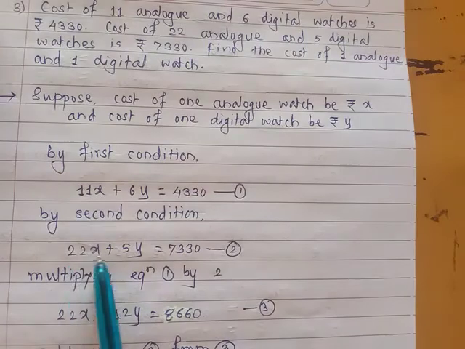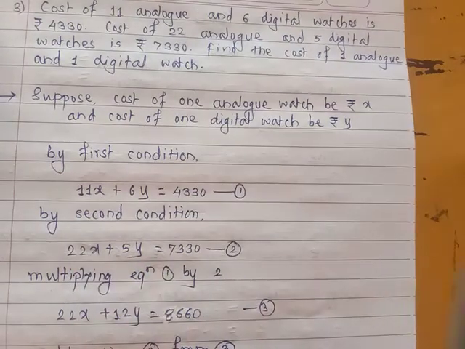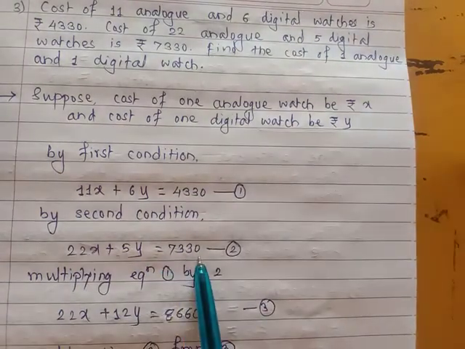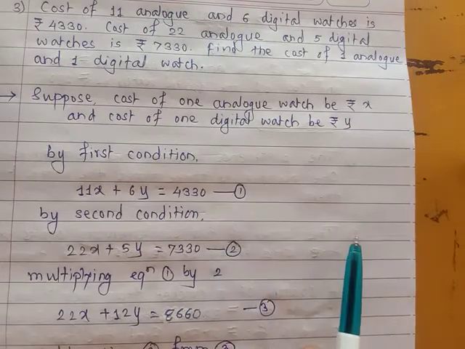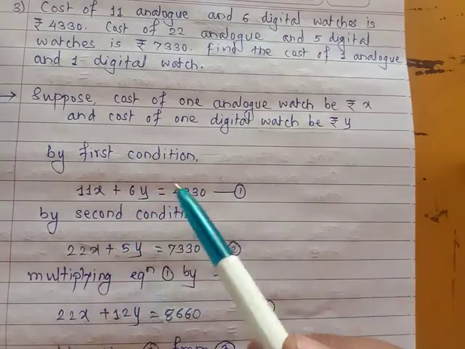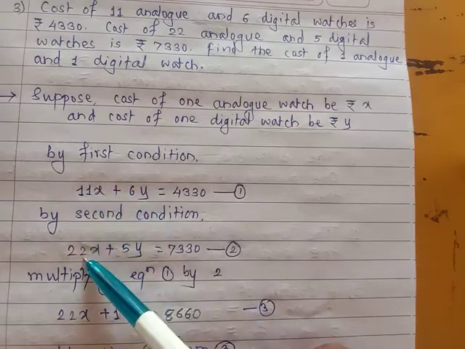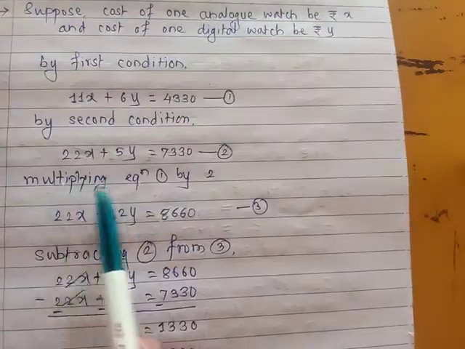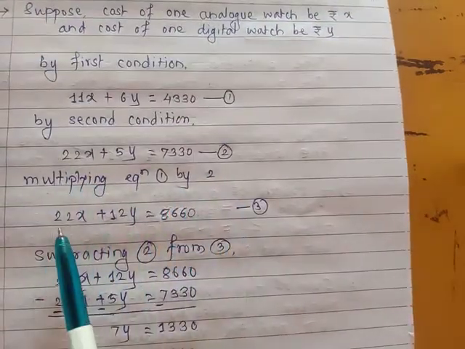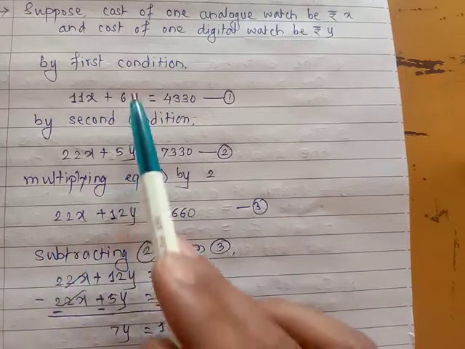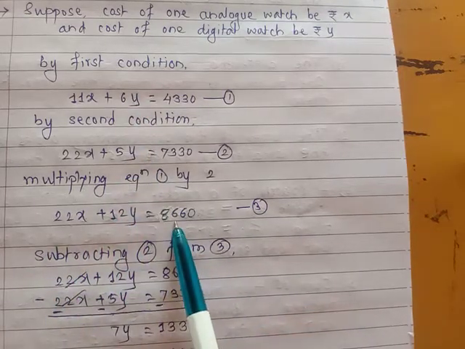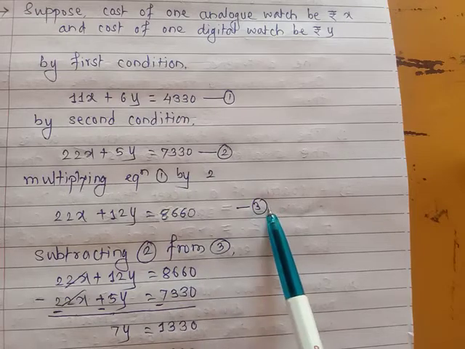So 22x plus 5y equals 7,330. This is equation number 2. If you observe here, multiplying equation 1 by 2, we can equate the coefficients of x. Multiplying equation 1 by 2, we get 22x plus 12y equals 8,660. This is equation number 3.